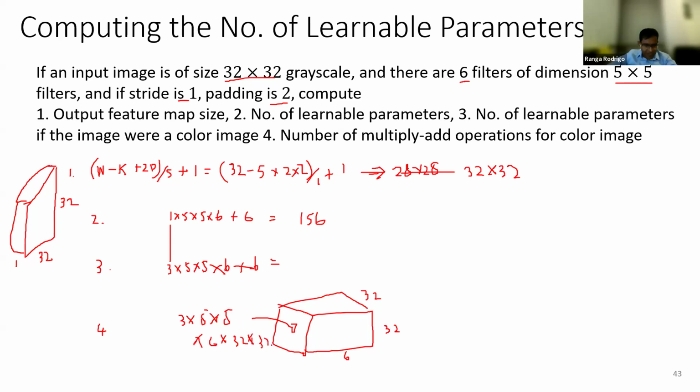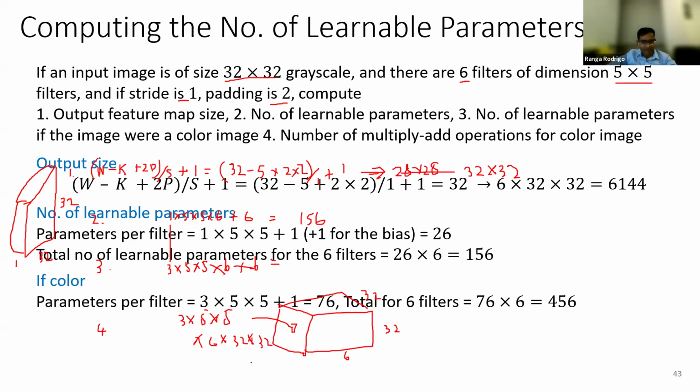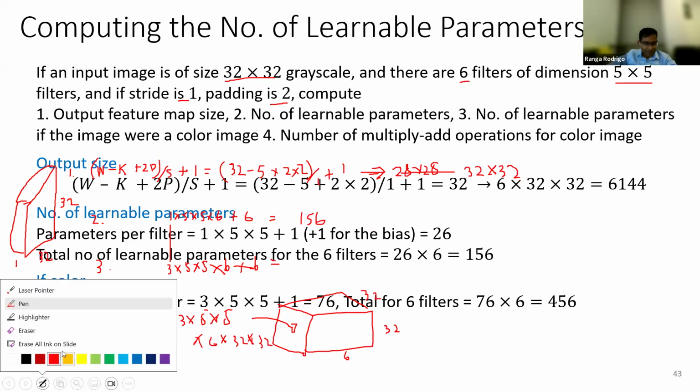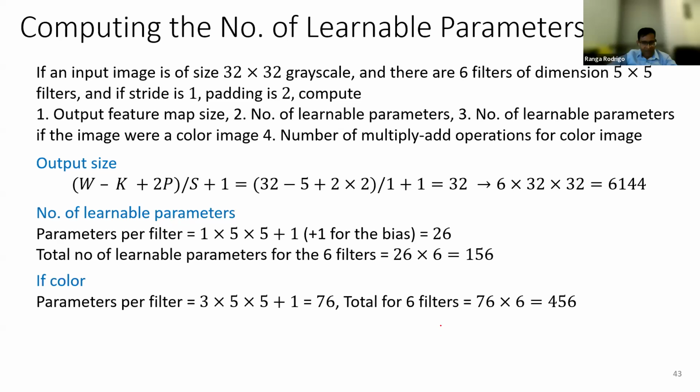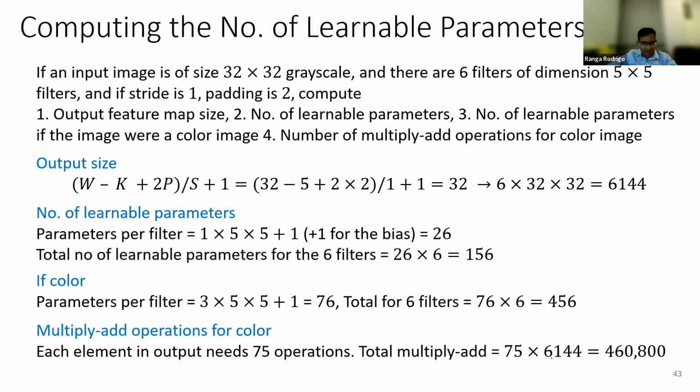That's the total number of computations that you have to do. Here are the answers. So yes, the output feature map size is this one, and for each of them 3 times 5 by 5, right?